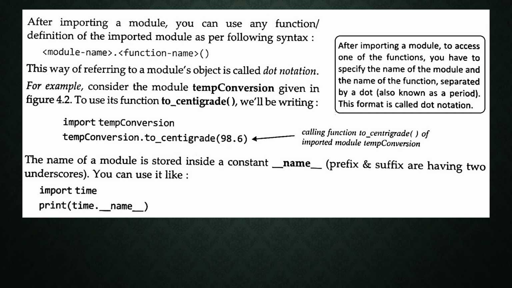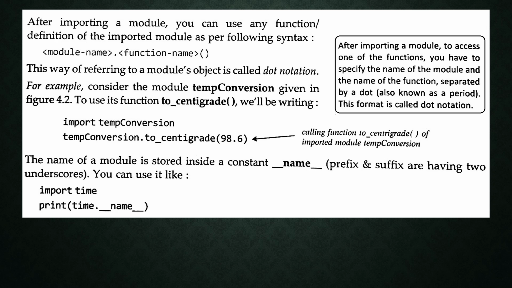First, we have to import the temp conversion module. Then temp conversion dot to centigrade of 98.6. In the same manner, we can convert to Fahrenheit: temp conversion dot to Fahrenheit of 33 degrees centigrade.